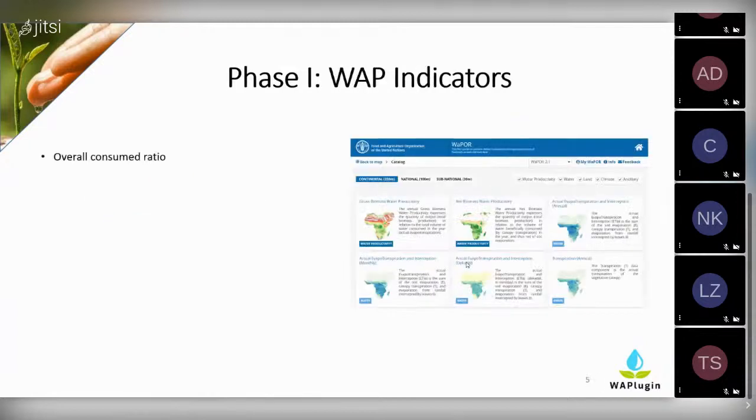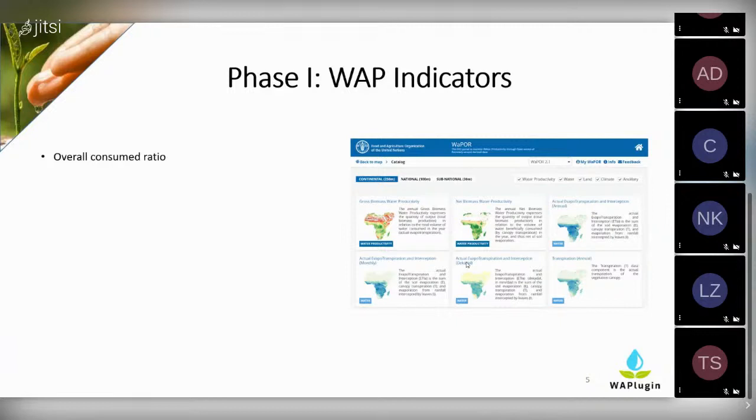So the indicators are going to be calculated by the plugin. The plugin will bring some data sets from the WaPOR catalog. As can be seen in the image and in the explanation that Hans made before, WaPOR brings together some water parameters and data sets like gross biomass, actual evapotranspiration, precipitation.